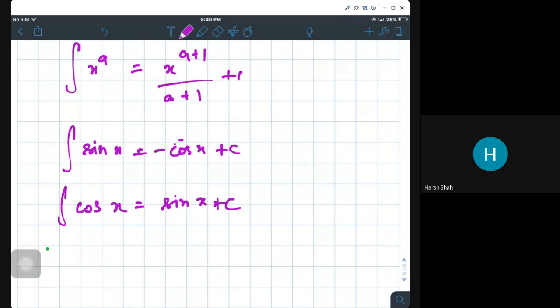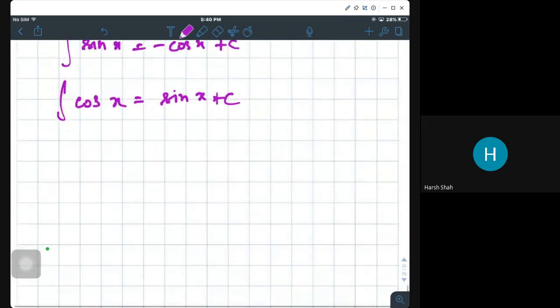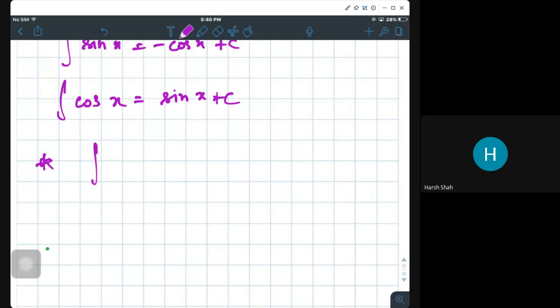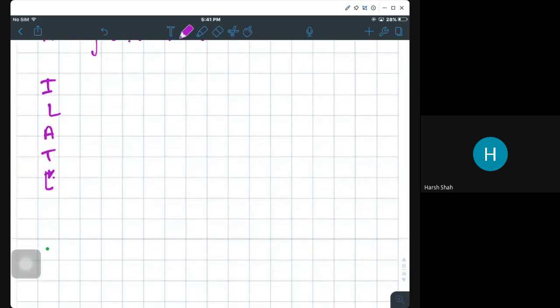Then you have an important property, which is when you have something like integration of uv dx. These are two functions. These two you have to take from the ILATE rule. ILATE means inverse, logarithmic, algebraic, trigonometry, exponential.